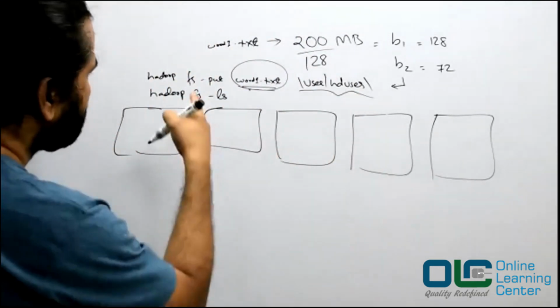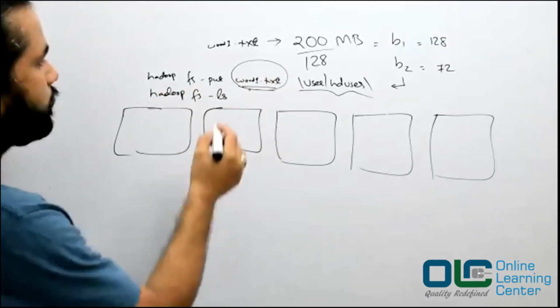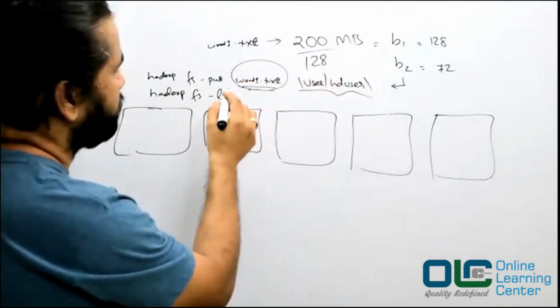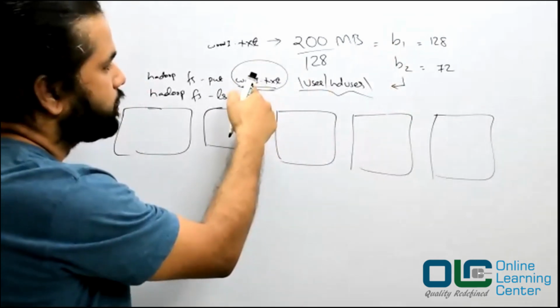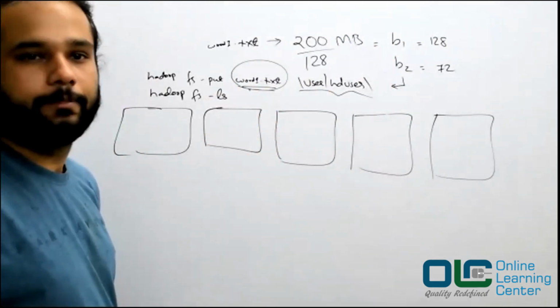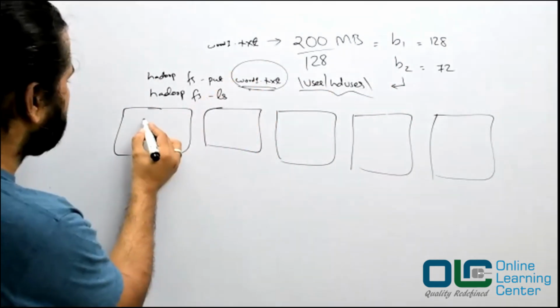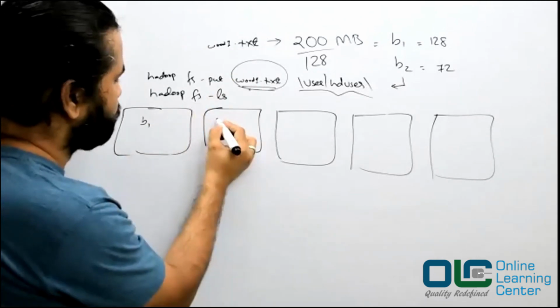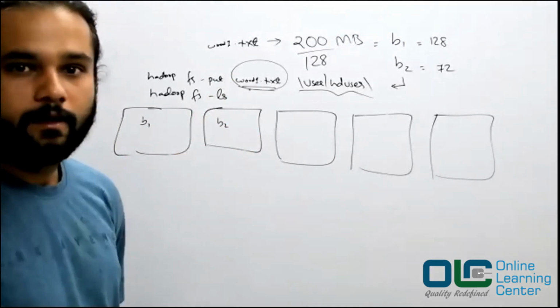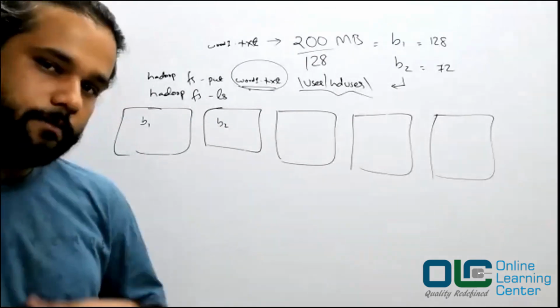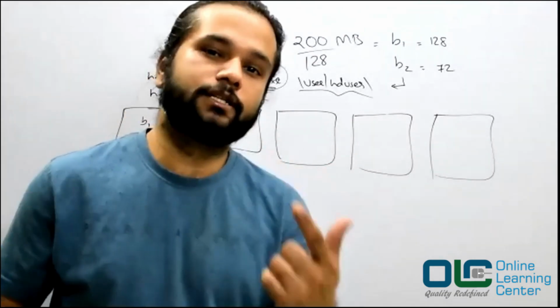Now, when you did this, then what happens? This word1.txt would be broken down into B1 and B2, because this word1.txt is 200 MB, right? And B1 would be stored here, let's say, and B2 is stored here. Done. Now, there is a technique where you can change the replication factor, right?